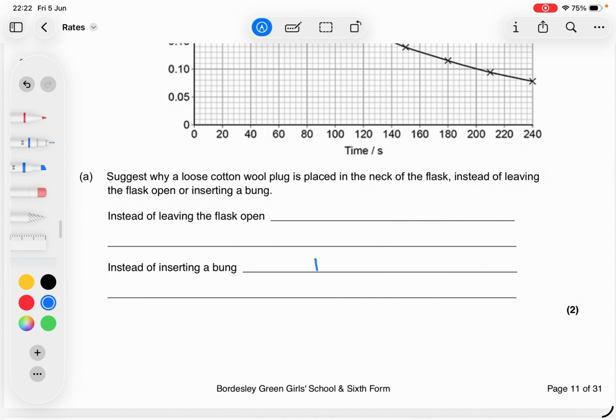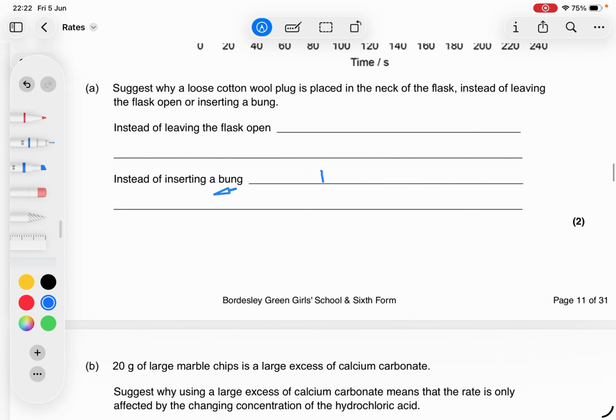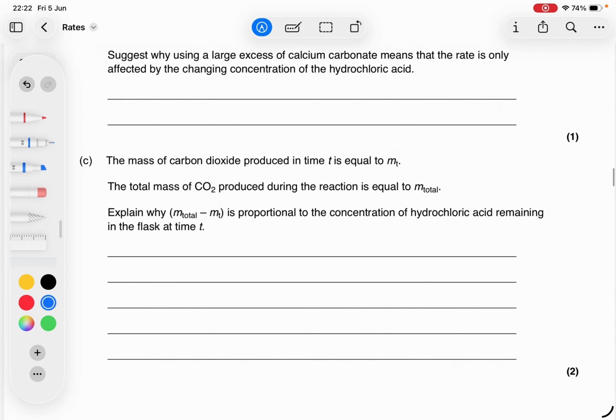That's going to prevent any of the solution from splashing out, and it allows the gas to escape. Because if you were to put a bung in, the gas would build up, and then the bung can explode out, or the conical flask could break.